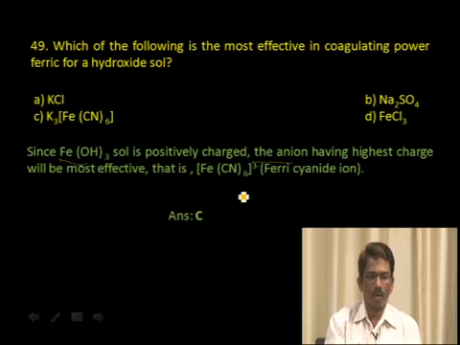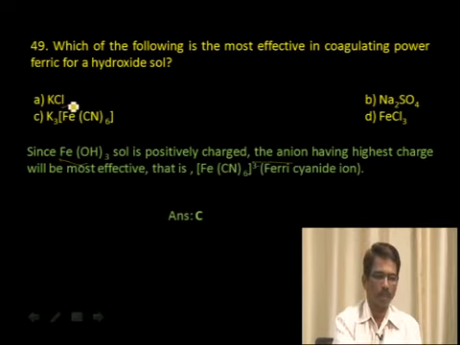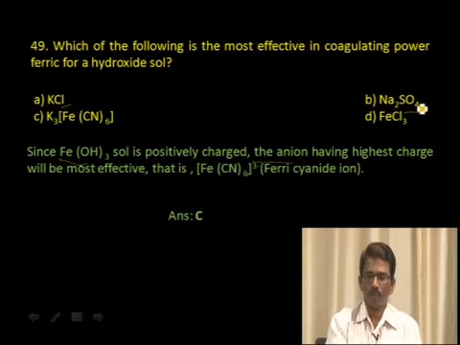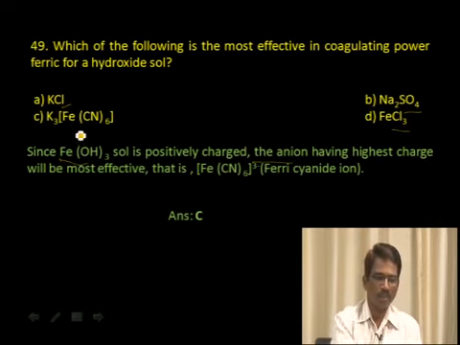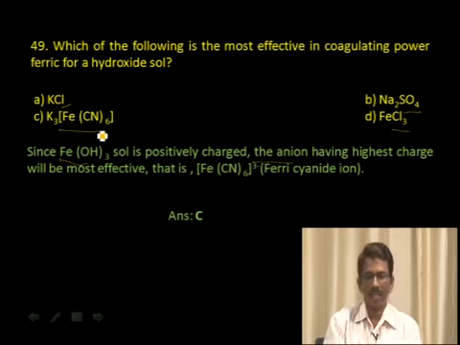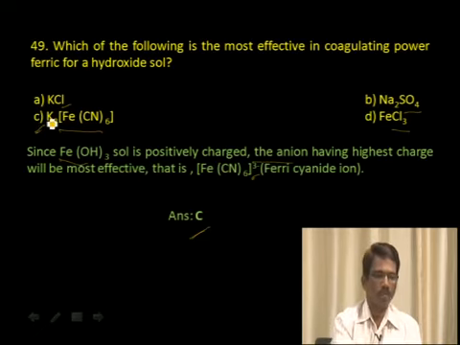Among the four options, the anions are Cl minus chloride ion, SO4 2 minus sulfate ion, FeCl3 which has Cl minus ion, whereas in option C you have the ferricyanide ion having 3 minus charge. Hence the ferricyanide ion would be the more effective coagulant for a positively charged ferric hydroxide sol, and therefore option C is the correct option.